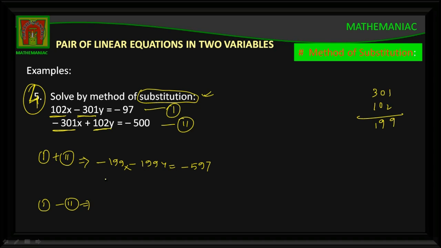Very clearly you can see that this can be divided all by 199. 199 into 3 will give you 597. Just check it: 9 3s are 27, carry 2, 7 and 2 are 9, 5 and 1, 597. That means 199 can be cancelled from here, from here also, and from here 199 and 3. So your equation is simplified.